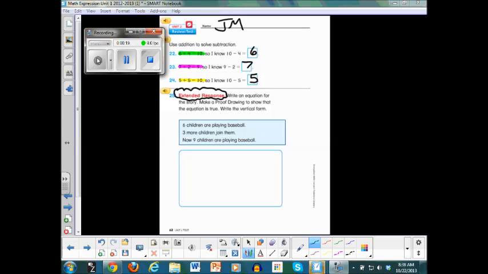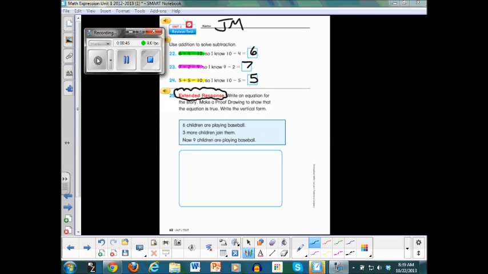Who would like to read this paragraph right here next to the red extended response? Do we have any volunteers? Grant, nice and loud, Grant. Extended response. Write an equation for the story. Make a proof drawing to show that the equation is true.